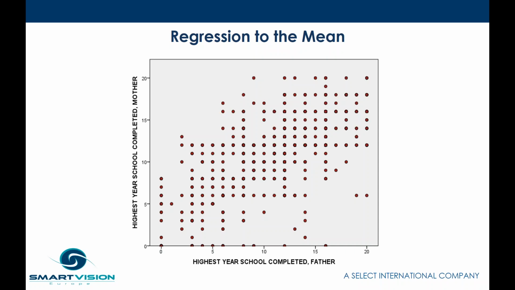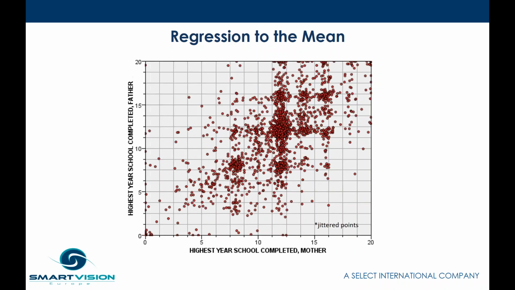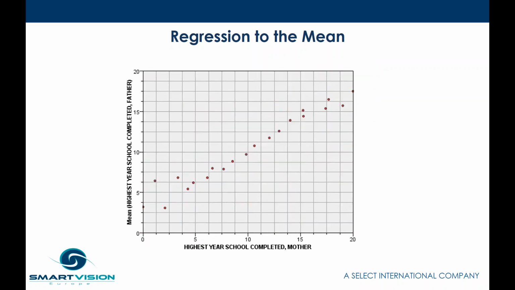There is, in fact, for these types of charts, a little technique called jittering, which allows you to show where all the points are clustering around. So these are jittered points, so you can see where the data is really clustering. And if you were to take the average number of years of school completed by father against each value for mother, you get this sort of line here.